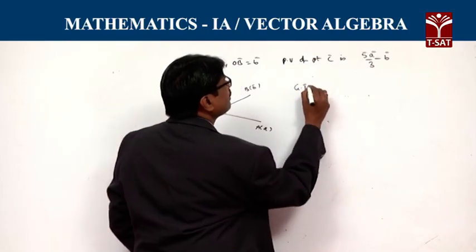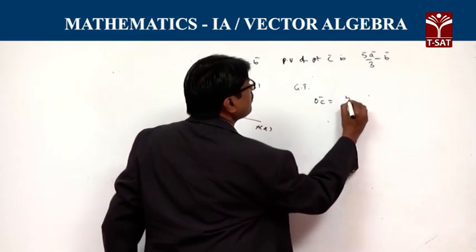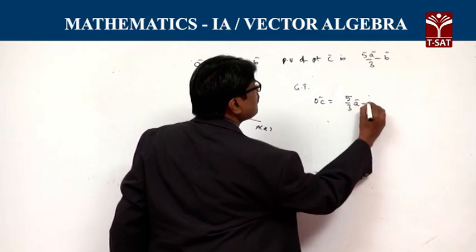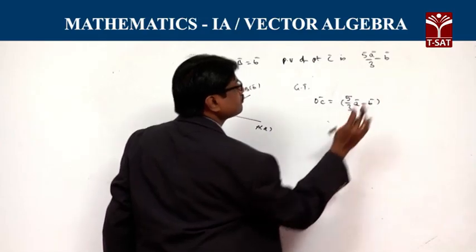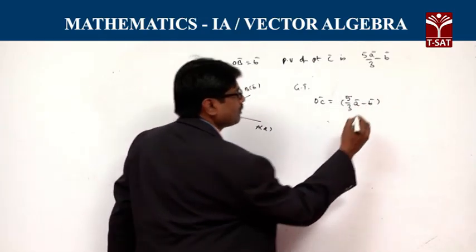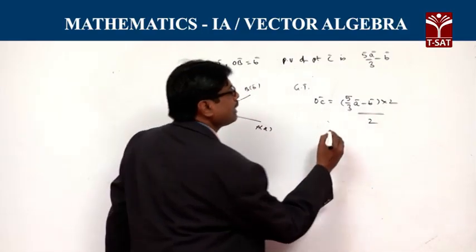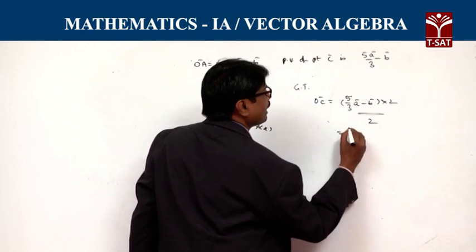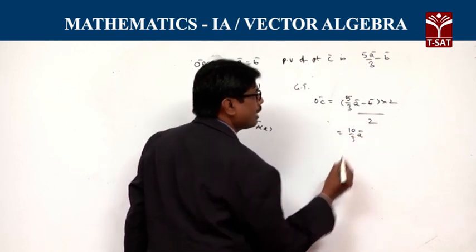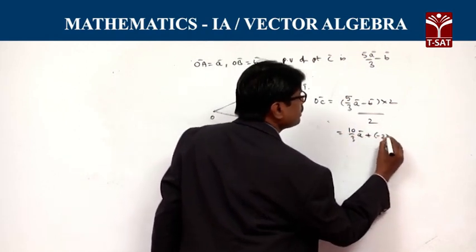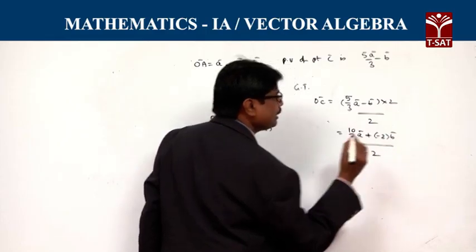Given that OC bar is equal to 5 by 3 times of A bar minus B bar. To express in the midpoint form, multiply with 2, divide with 2. Then it will be 5 2s are 10, 10 by 3 times of A bar plus minus 2 times of B bar and divided by 2.